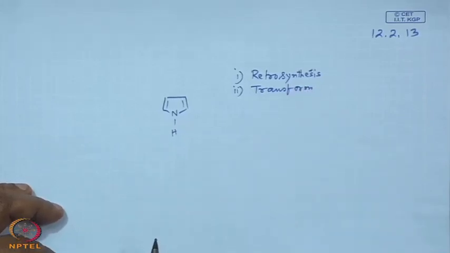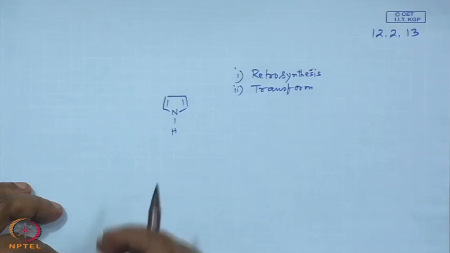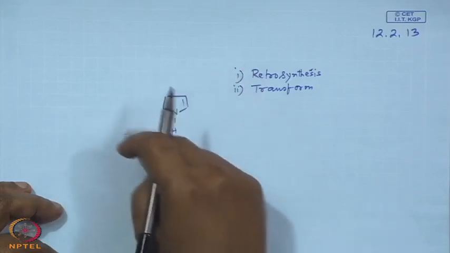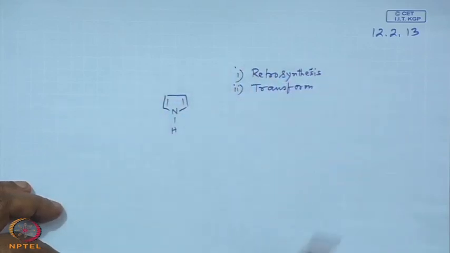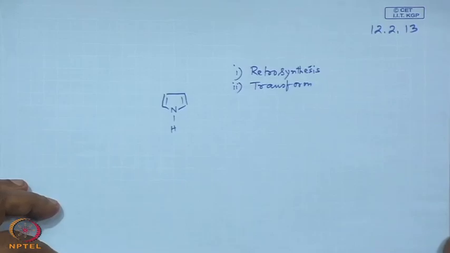So, transform based, because if I just try to show you the retrosynthesis, it is not really that easy, and most often the practicing scientist, what would they do, they go by the transform. Initially they will do the retrosynthesis, but when they get lost they will try to do synthesis.